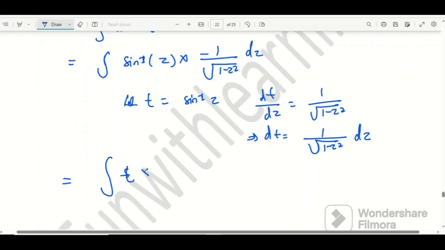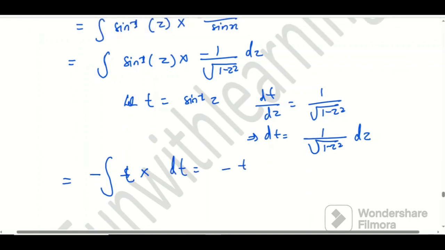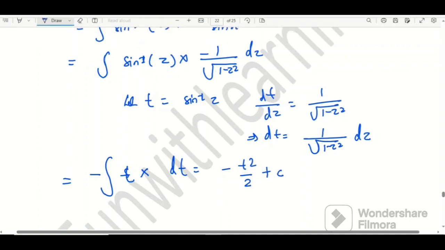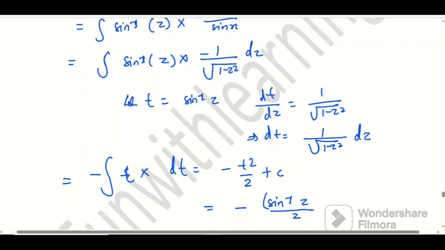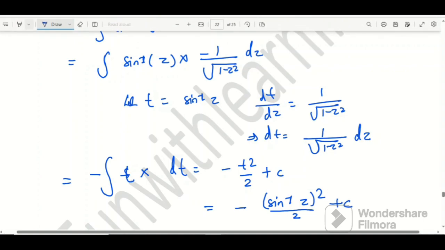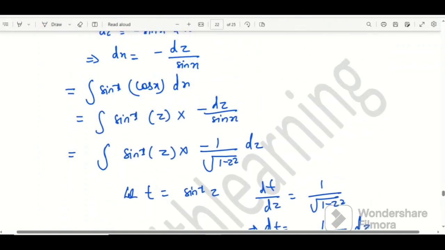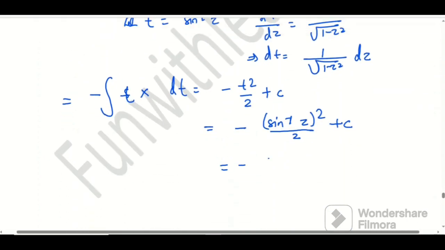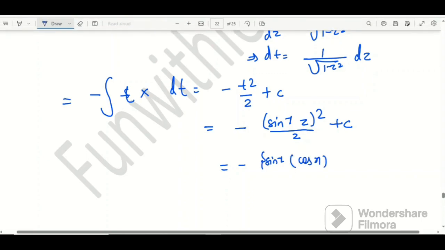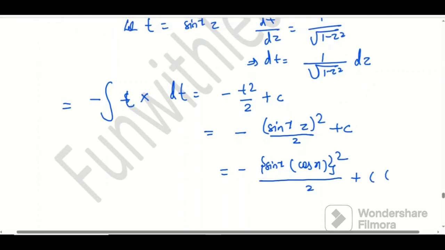So it will be t into minus, I'm sending outside, it will be dt. It will be minus t square upon 2 plus c as our answer. But for t is sin inverse z, it will be minus sin inverse z whole square upon 2 plus c. And the value of z is cos x, minus sin inverse cos x whole square by 2 plus c as our answer.